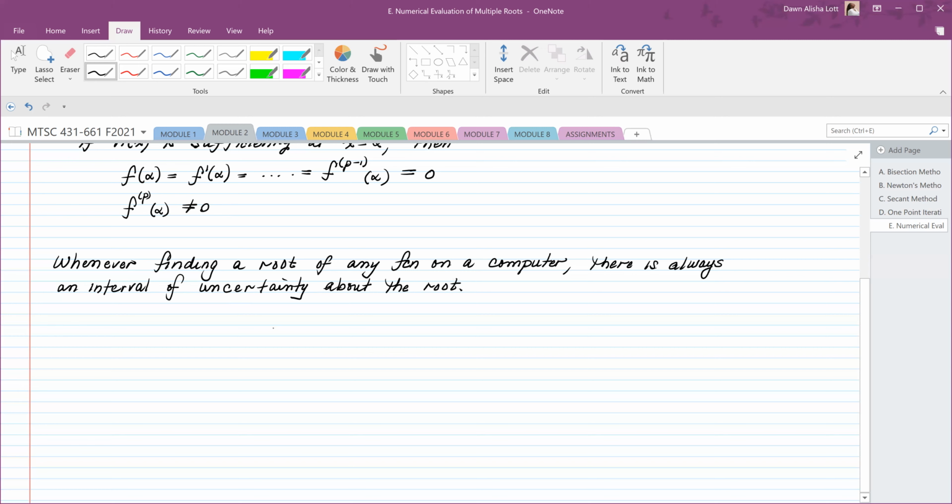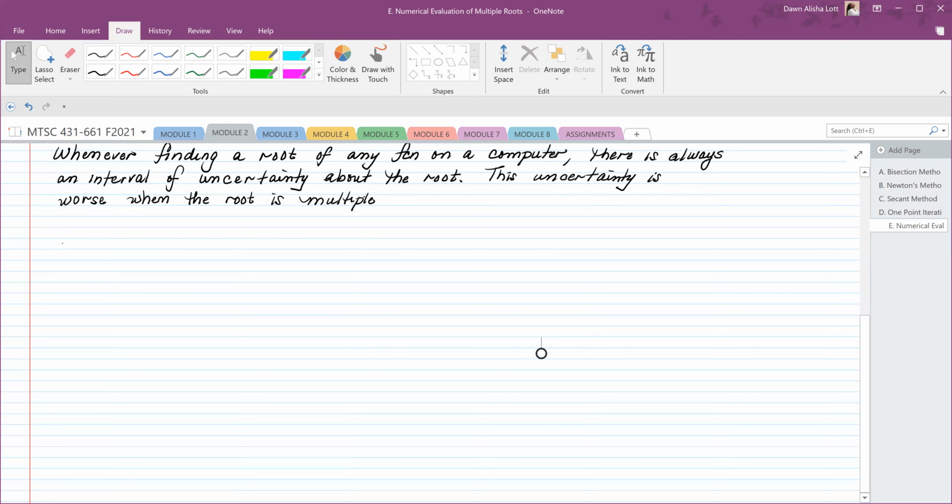Okay, so this difficulty or this uncertainty is worse when the root is a multiple. Okay, so we need Newton's method for multiple roots.